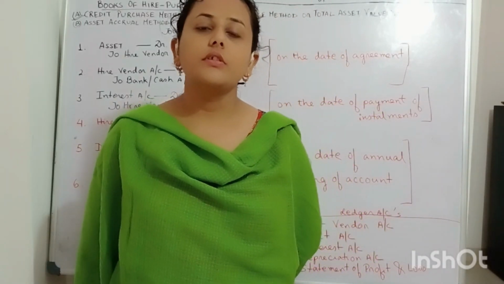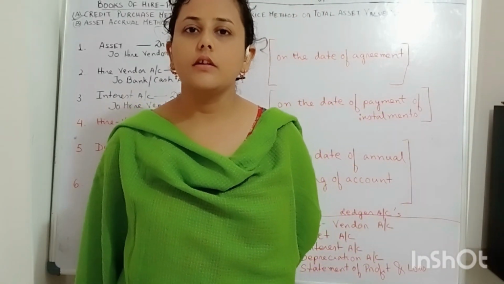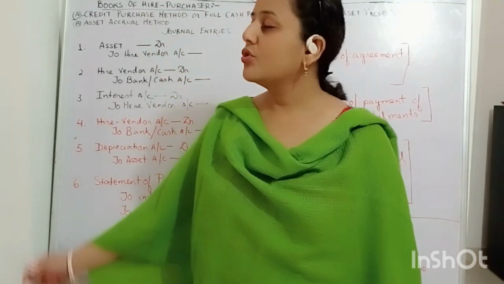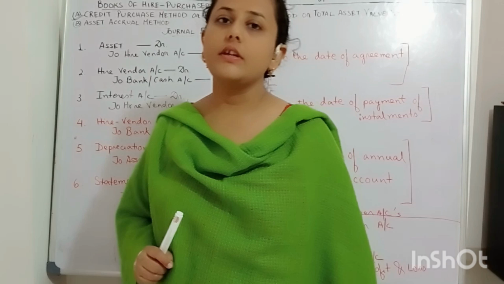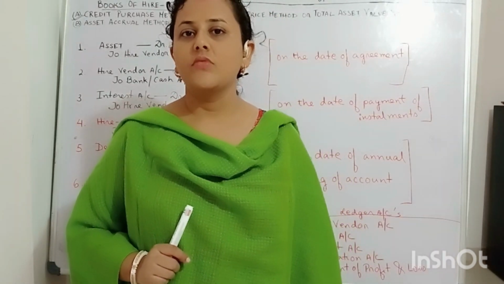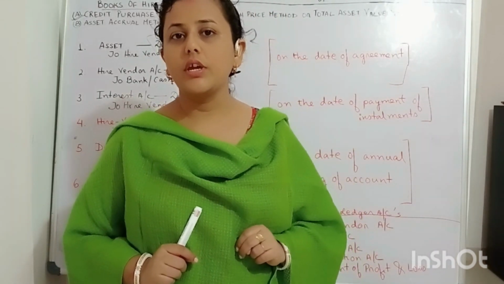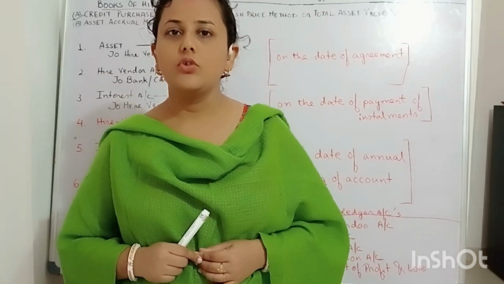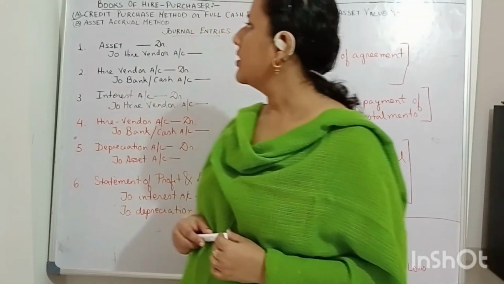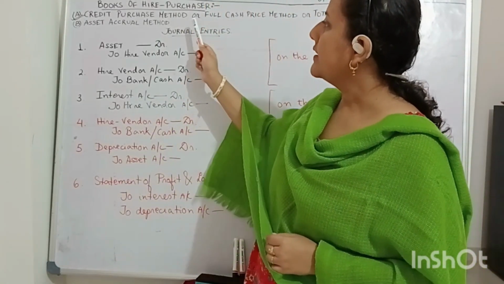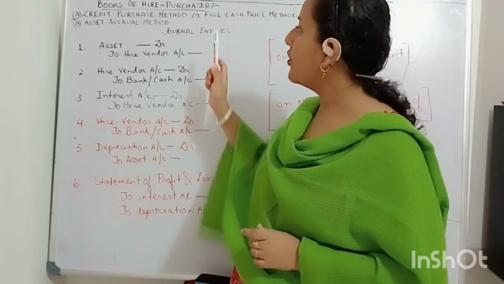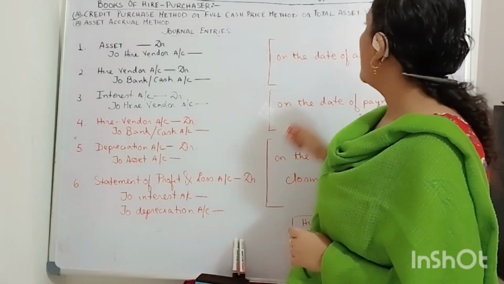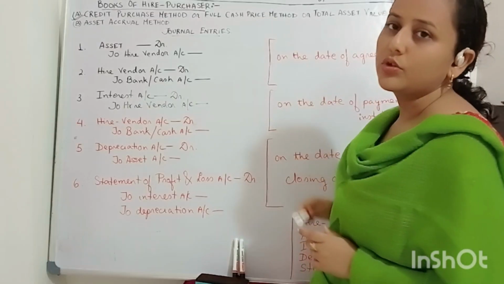The person who is going to purchase the asset under hire purchase system will be called the hire purchaser. So we are going to learn journal entries in the books of hire purchaser. There are two methods of passing journal entries in the books of hire purchaser. So what are the two methods? The first method is credit purchase method, or you can also call it full cash price method, or total asset value method.